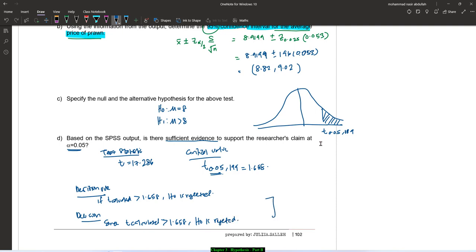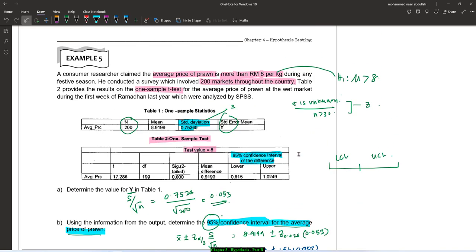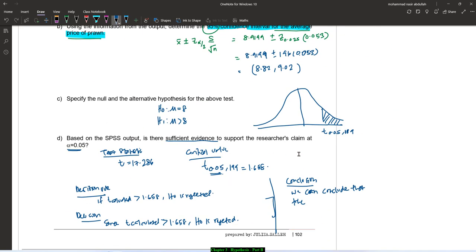So the next one is the conclusion. We can conclude that the average price for prawn is more than 8 ringgit.